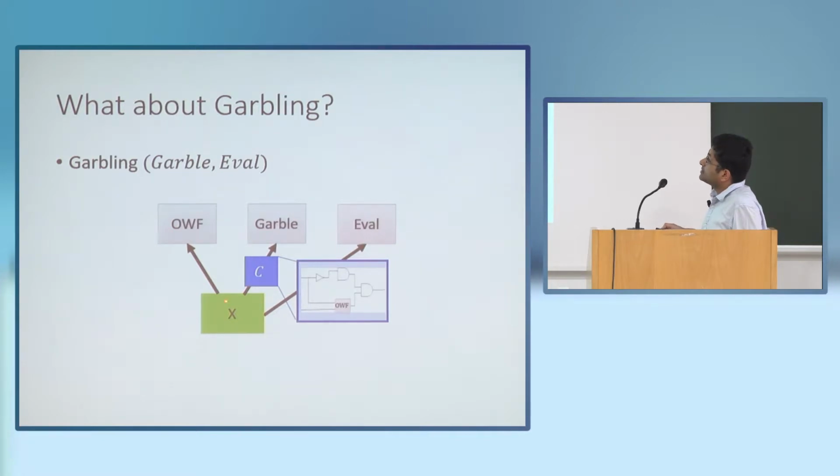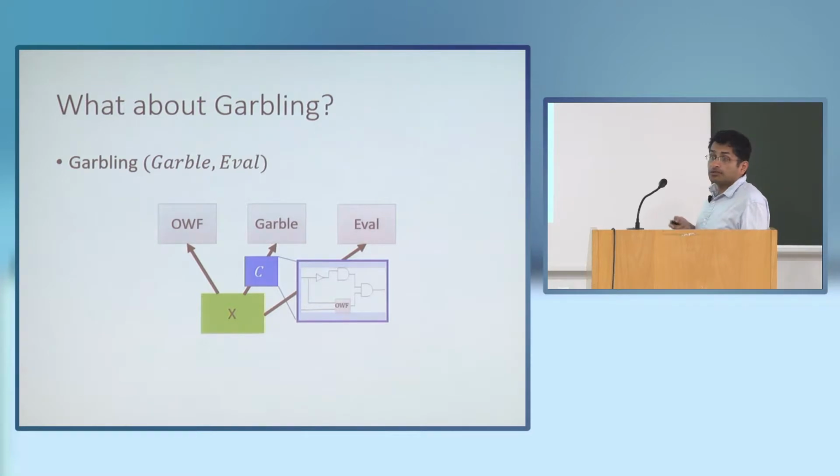And if I'm trying to construct a primitive X in the presence of these oracles, where the garbling algorithm takes arbitrary circuit C as input, I could now plant in one-way function gates in this circuit when I feed it to the oracle garble. Okay? And so this would be in the oracle-aided circuit.